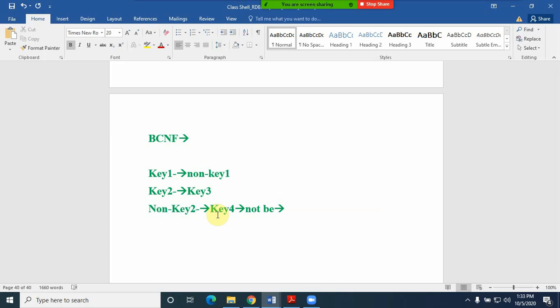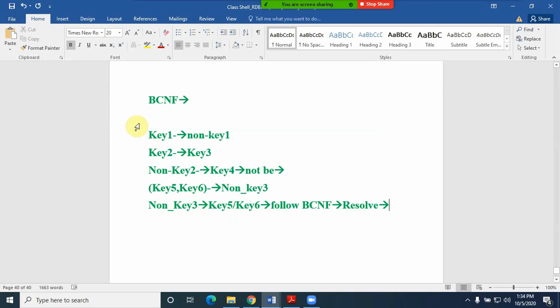Now, according to the definition, key 5 as well as key 6 are used to generate non-key 3. Now what we need to verify is, if this non-key 3 in turn defines either key 5 or key 6, then it is not following the BCNF. We have to resolve this. Hope you got the point.